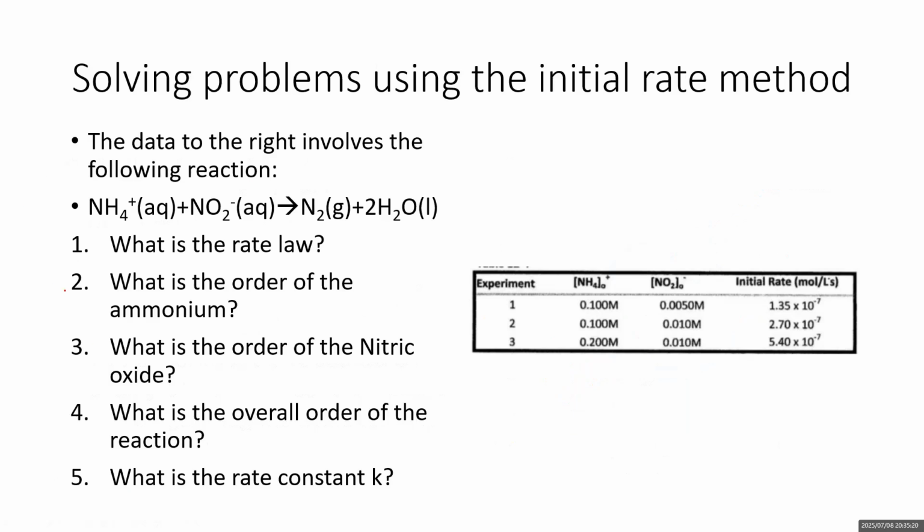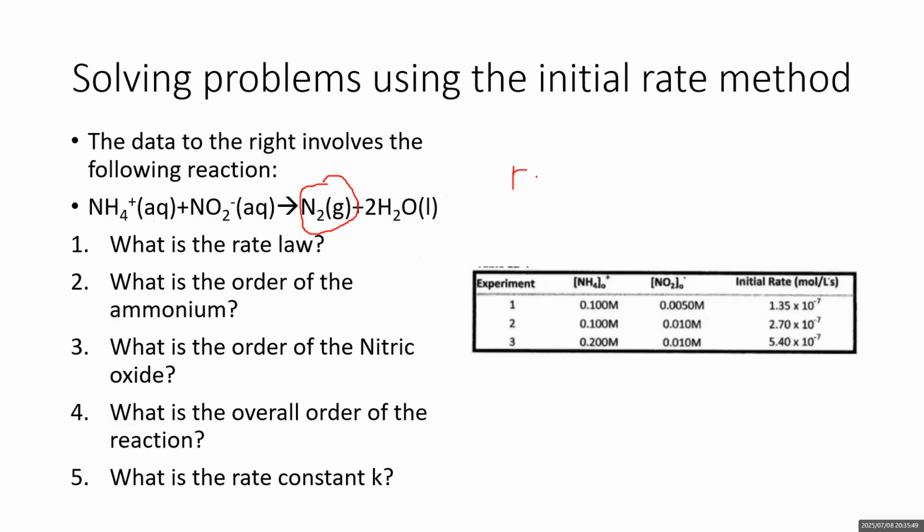Now, let's solve problems using the initial rate method. Let's say we've done 3 overall experiments and calculated 3 initial rates for this reaction: ammonium and nitrite ions in solution yield nitrogen gas and water. The product we're probably going to be collecting is the nitrogen gas, to find the volume. Let's answer this question: what's the rate law?